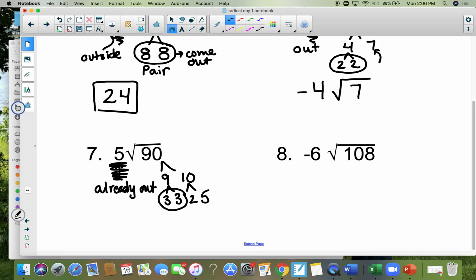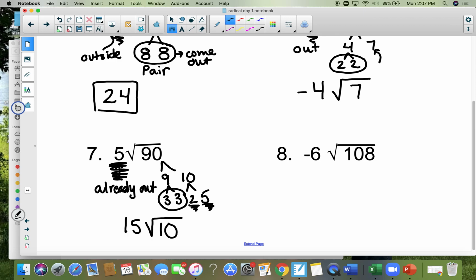I'm going to take out 1, 3, and 3 times 5 is 15. But 2 doesn't have a pair, and 5 doesn't have a pair. Neither one of them have a pair, so they both have to stay inside, so you have to multiply them back together again, and 2 times 5 is 10. See how that works? The 2 and the 5 do not have a pair, so they have to stay inside.